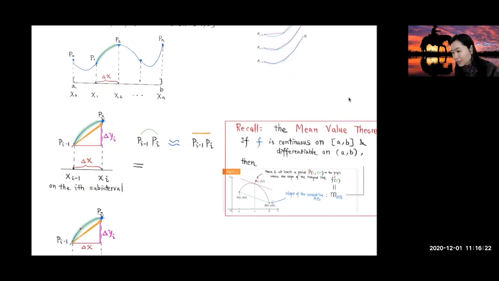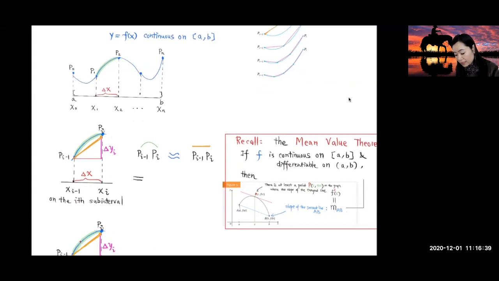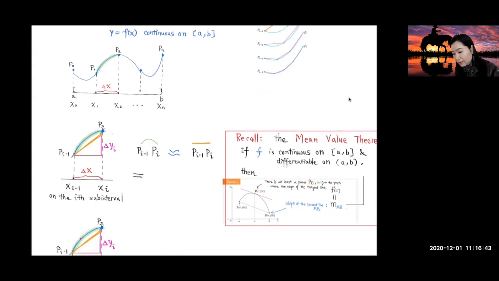Now I'm going to take a look at one typical interval, the ith subinterval. I'm picking one of them, say this one, and putting it over here. This is the ith subinterval. The starting x coordinate is x of i minus 1, and this one here is xi.